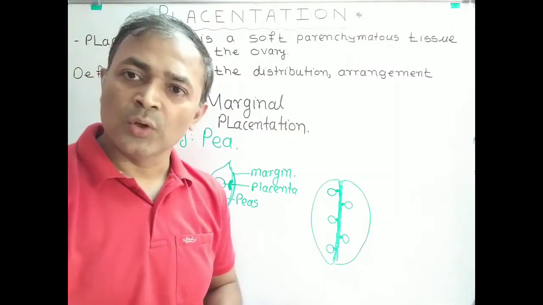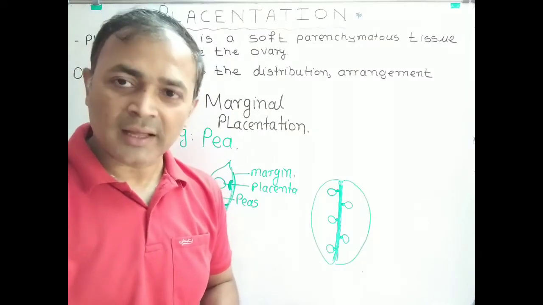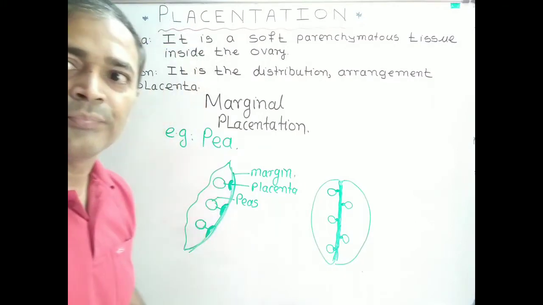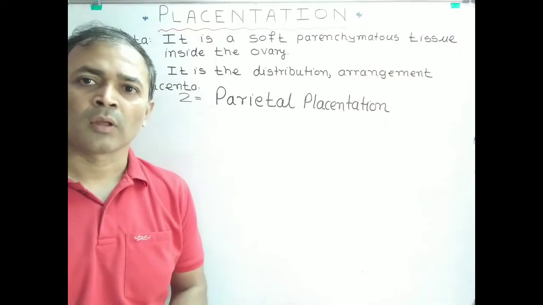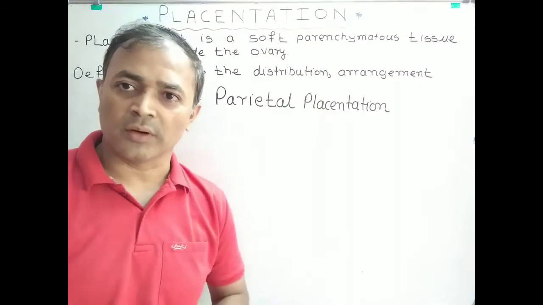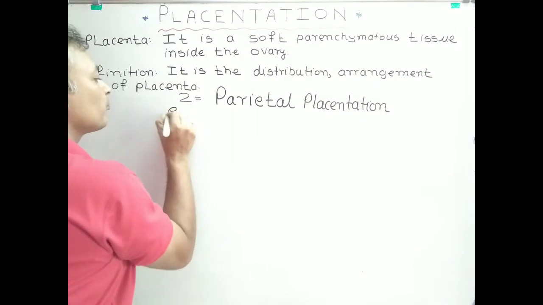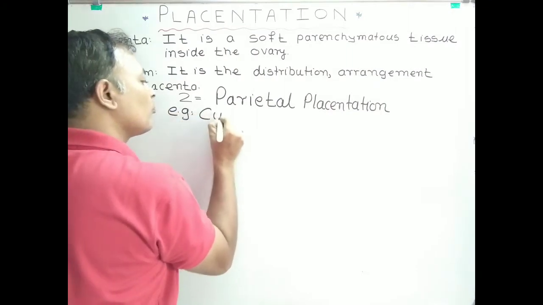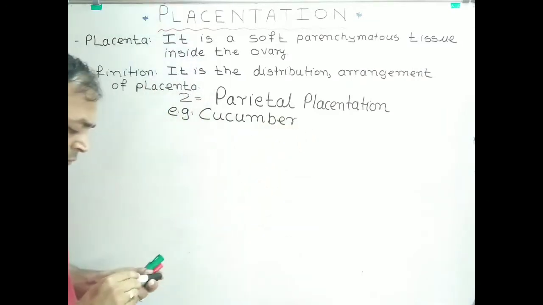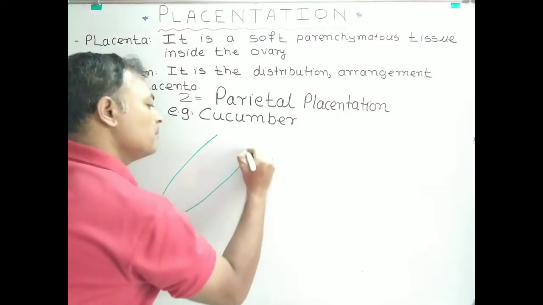Now let us proceed with a second type of placentation, and that is parietal placentation. In parietal placentation, we will take example of cucumber, which is very simple to understand. Let us say this is a cucumber, right?